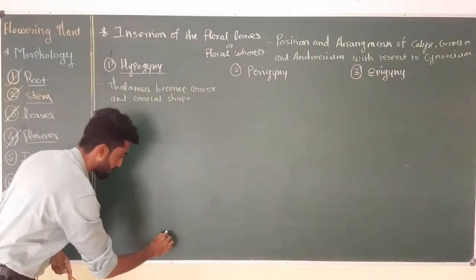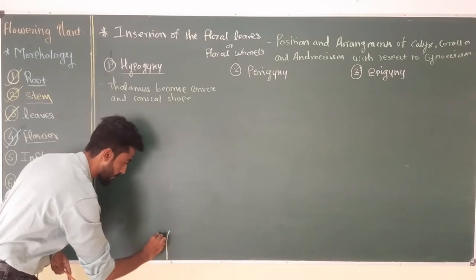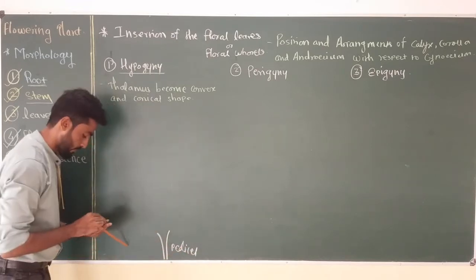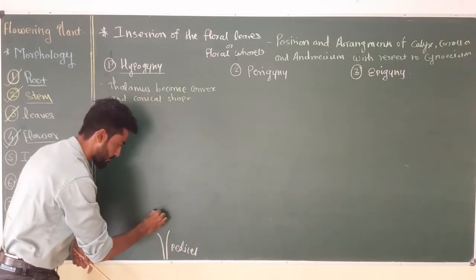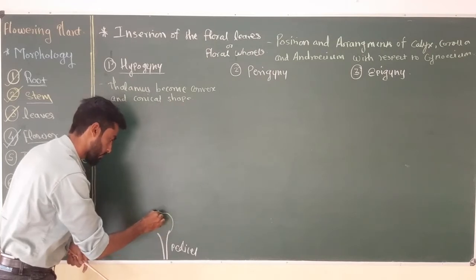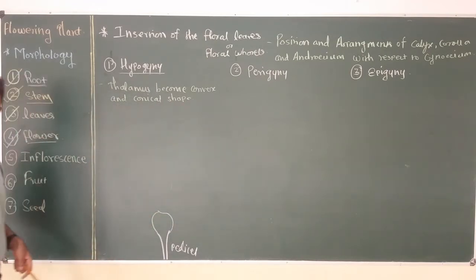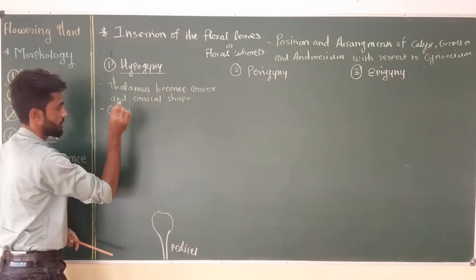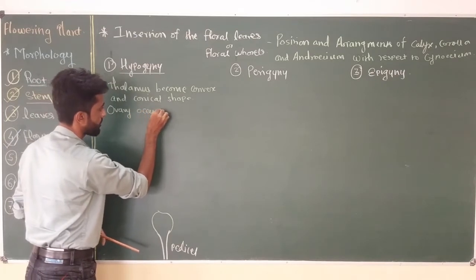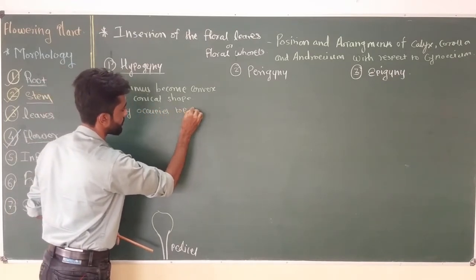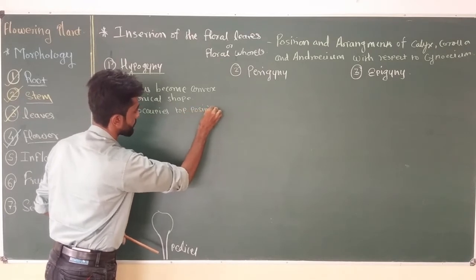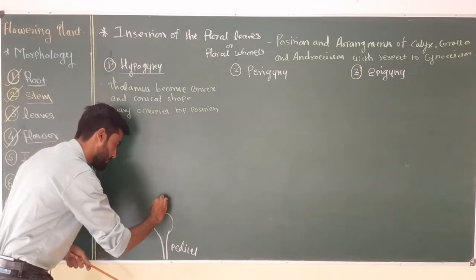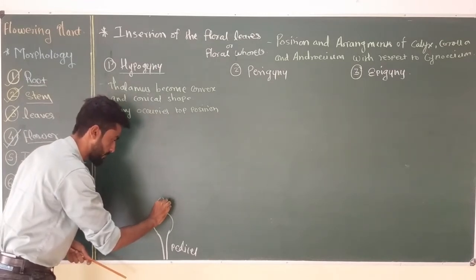Okay, suppose this is the flower stem or pedicel, and now if we draw the thalamus, it will become convex and conical, and due to which ovary or gynoecium occupies top position. That means if we draw the ovary now, it will be here on the top of the thalamus.